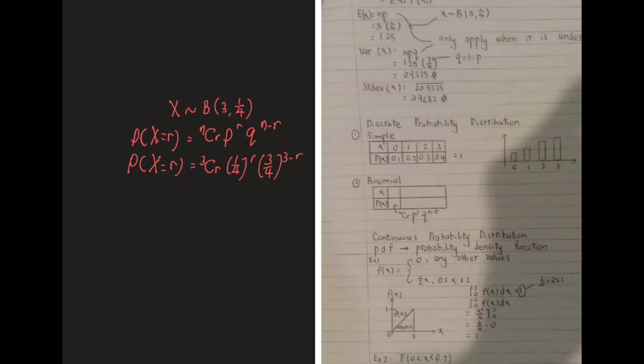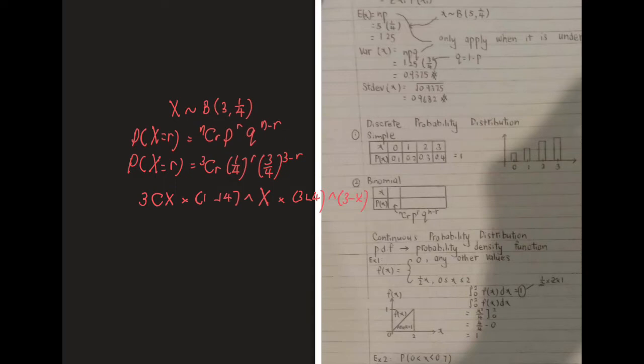So when I key in this formula in my calculator, right, so I just use 3Cx times 1 over 4 power x times 3 over 4 power 3 minus x.